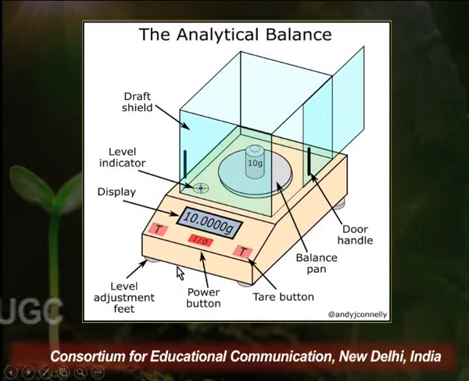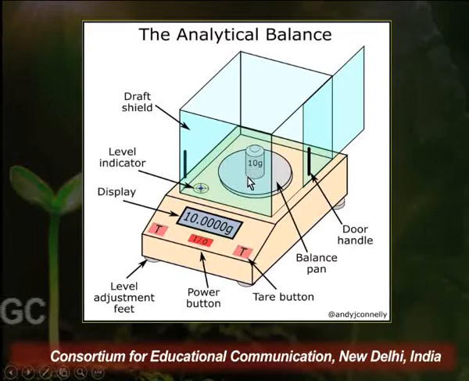For an accurate measurement, it is very important that any analytical balance be kept in a leveled position, and to maintain that level we use these screws. This is the point where the level indicator is placed. Generally it has a ball inside, which indicates the level of the entire weighing balance.